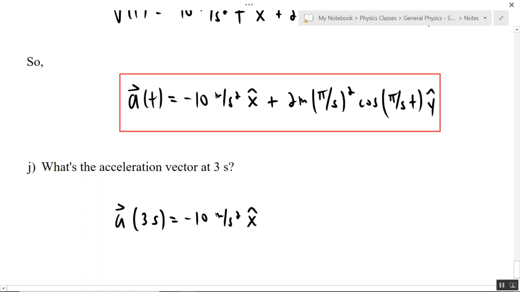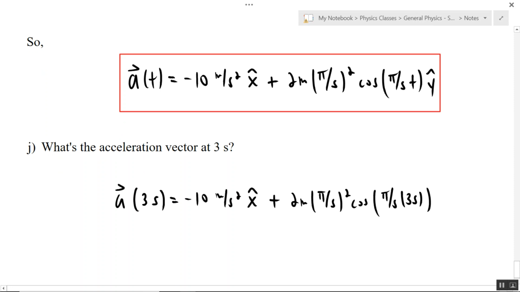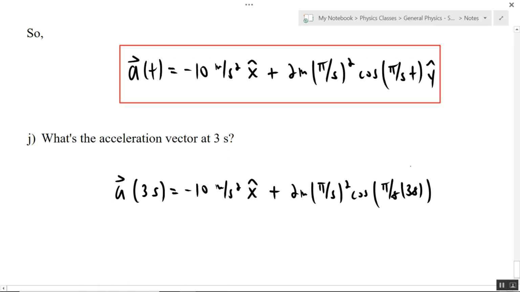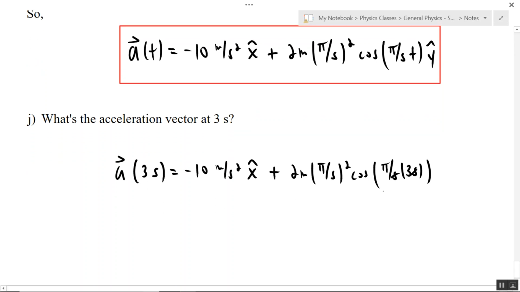The x part doesn't depend on t, like I said. There's no t in there.